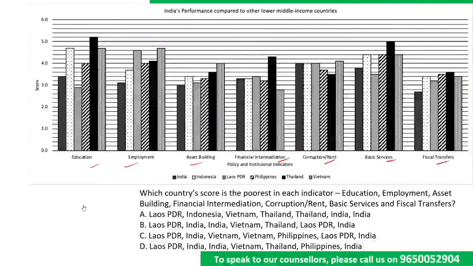Just observe the graph and answer the question. So, which are the poorest countries in these indicators?